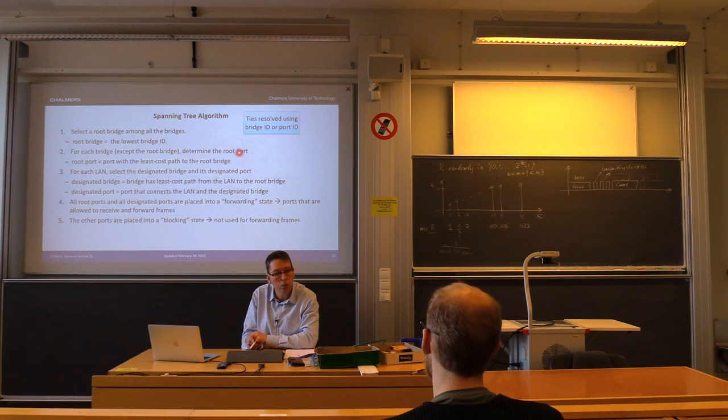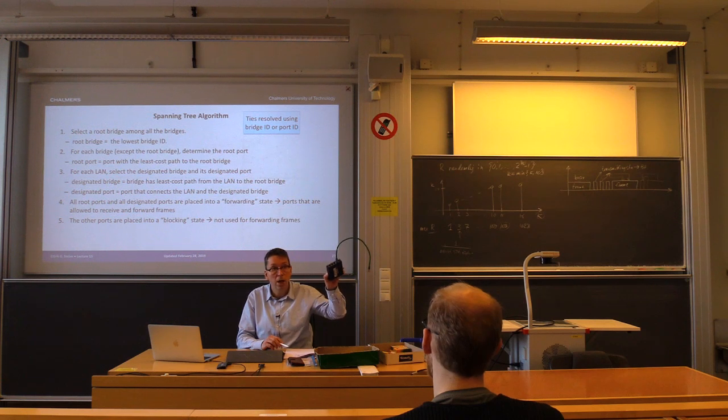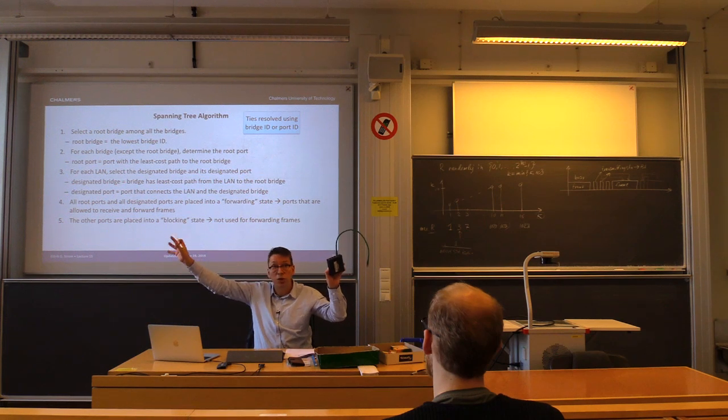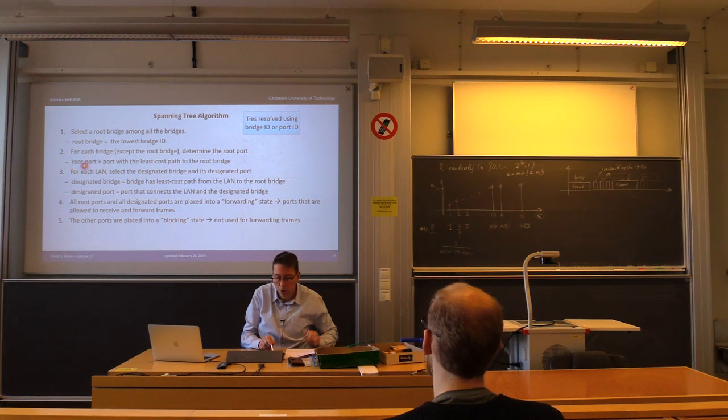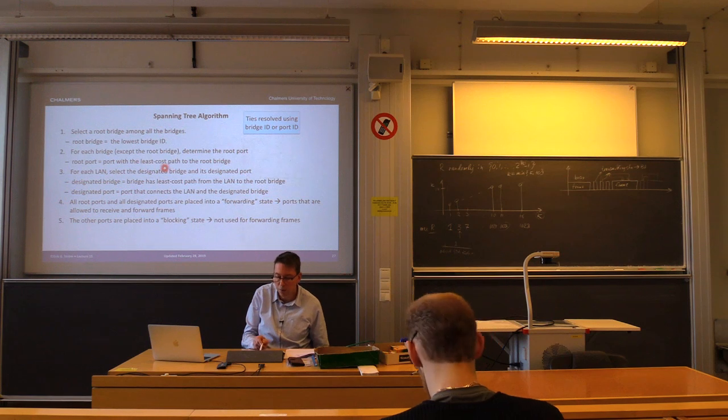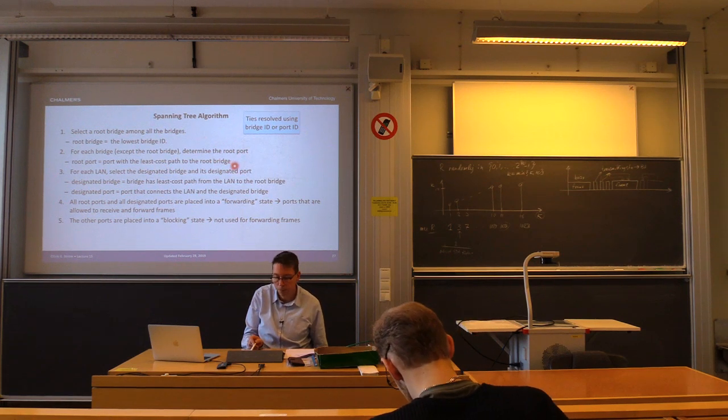What is the root port? Here we have 5 ports, and one of these ports is the best port in the sense that it has the closest path, or best path, to the root bridge, wherever it is. So the root port is the port with the least cost path to the root bridge.